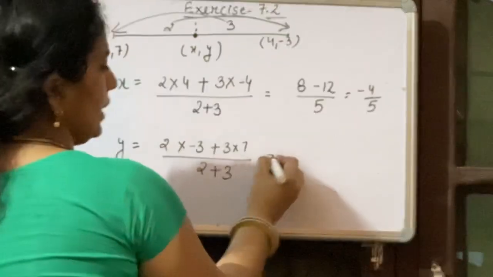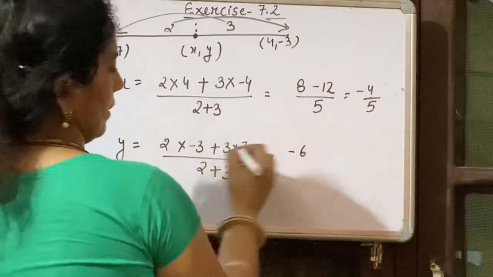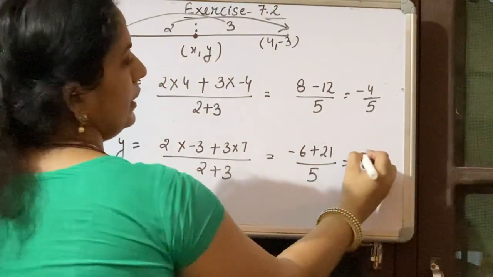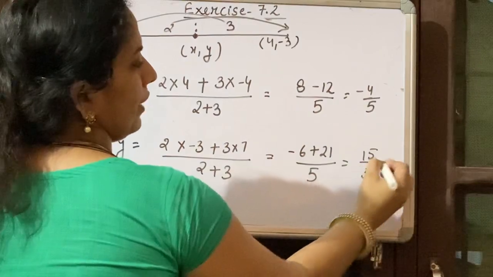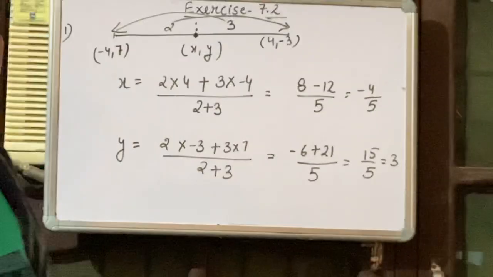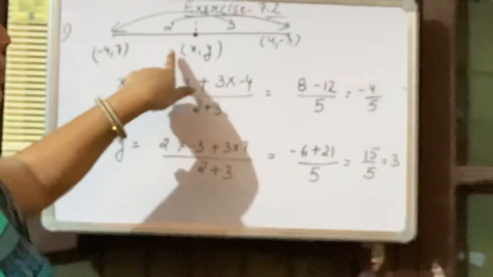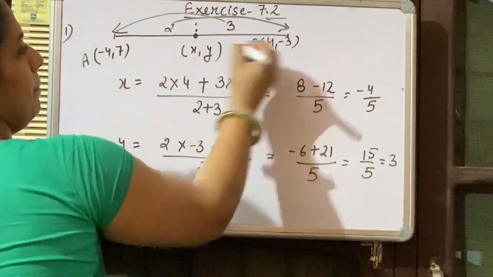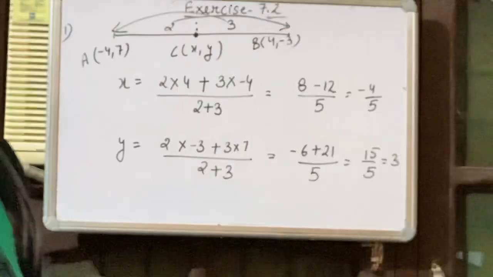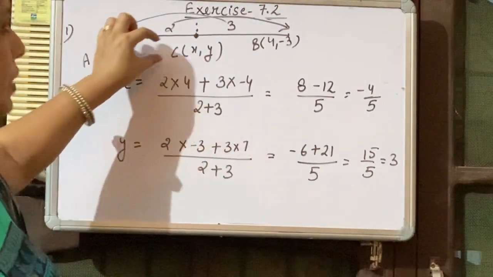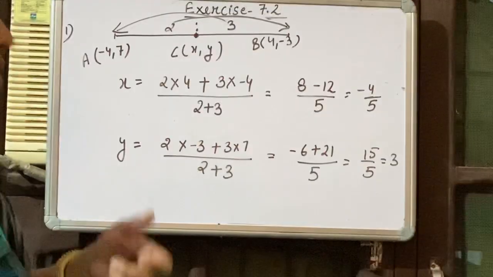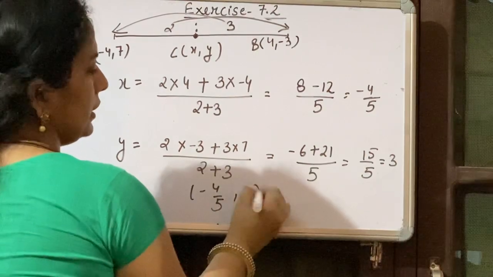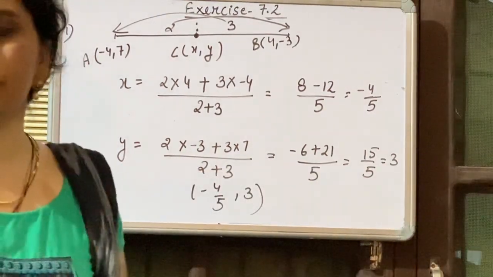So the solution is minus 6 plus 27 divided by 5, that is 15 by 5, which is equal to 3. So if we consider these points as A, B and C, then the coordinate of C will be minus 4 by 5 and 3. This is our first question.